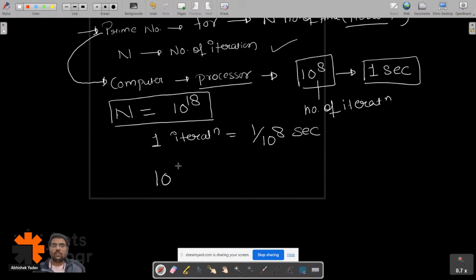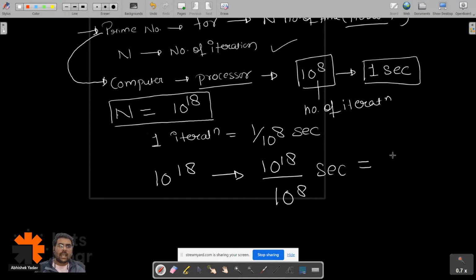So 10 to the power 18 iterations will be equal to 10 to the power 18 divided by 10 to the power 8 seconds, right? And this will be equal to 10 to the power 10 seconds.